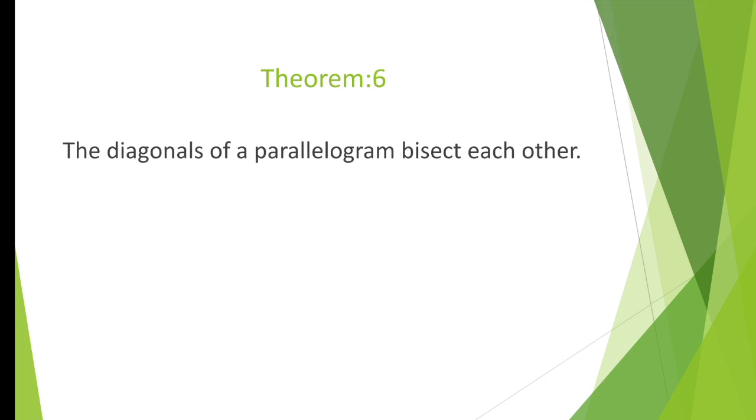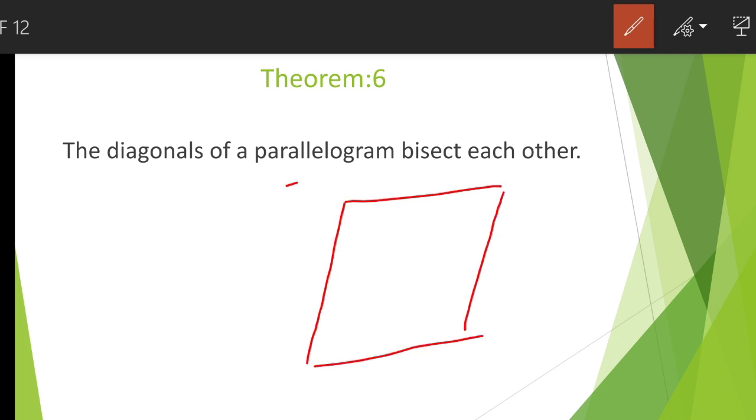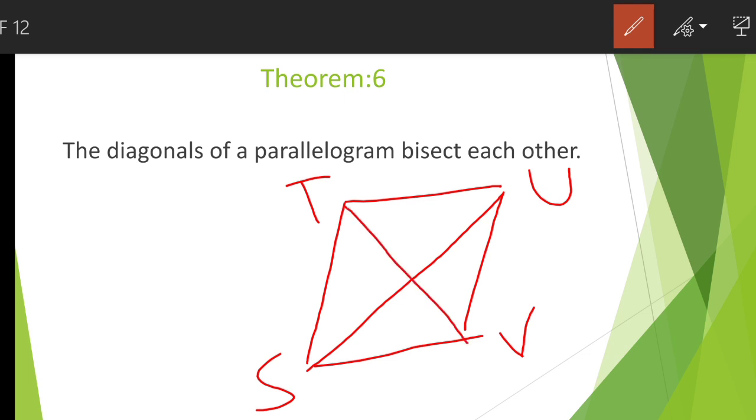Theorem 6. The diagonals of a parallelogram bisect each other. If we have a parallelogram STUV, and the diagonals are SU and TV, they will bisect each other.